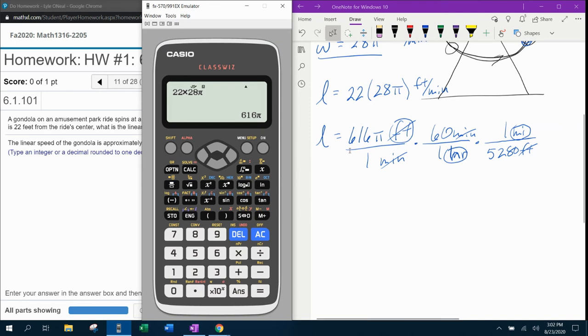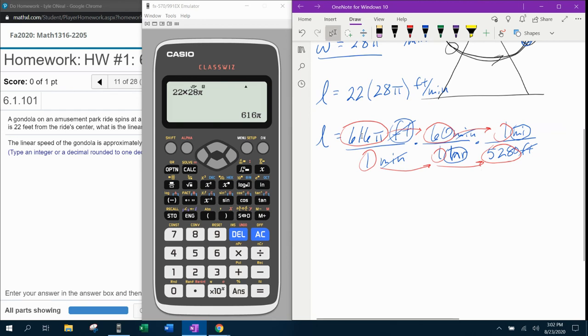So now to get this converted or calculated, we're going to take our 616 pi, make a note of this, we're going to multiply that by 60 and then multiply it by 1, and that'll give us our numerator. And then we're going to multiply in the bottom 1 times 5,280, and that'll give us our denominator.